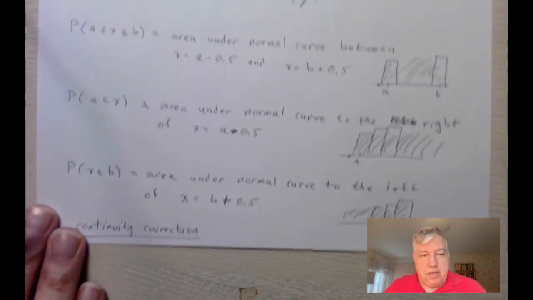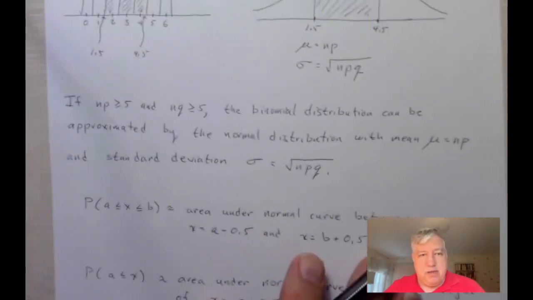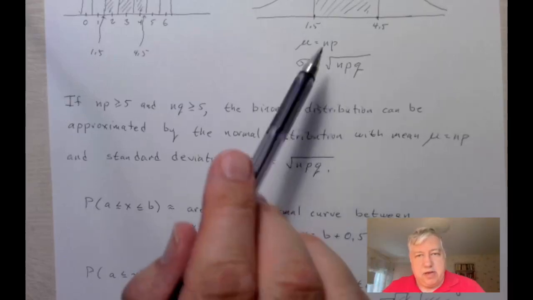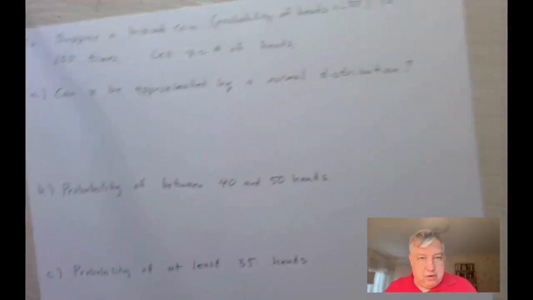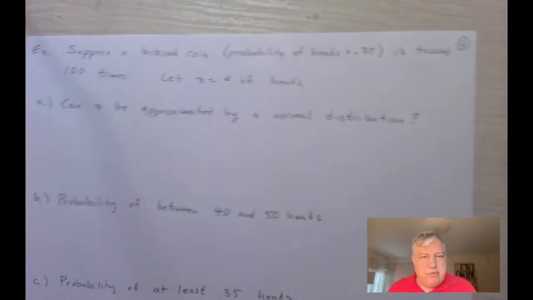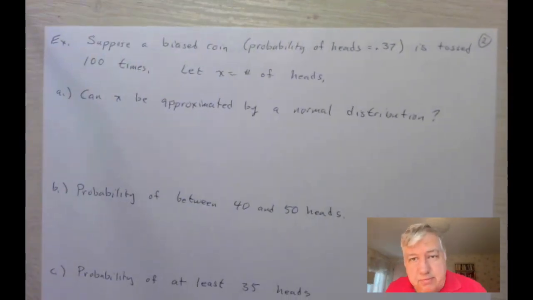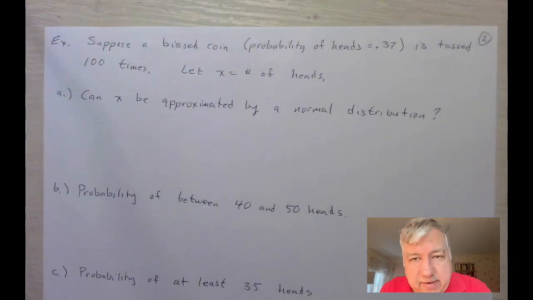Because like I said, the mean and the standard deviation we already know. So let's look at this example here. So now here we have a biased coin in which the probability of heads is 0.37, and is tossed 100 times.